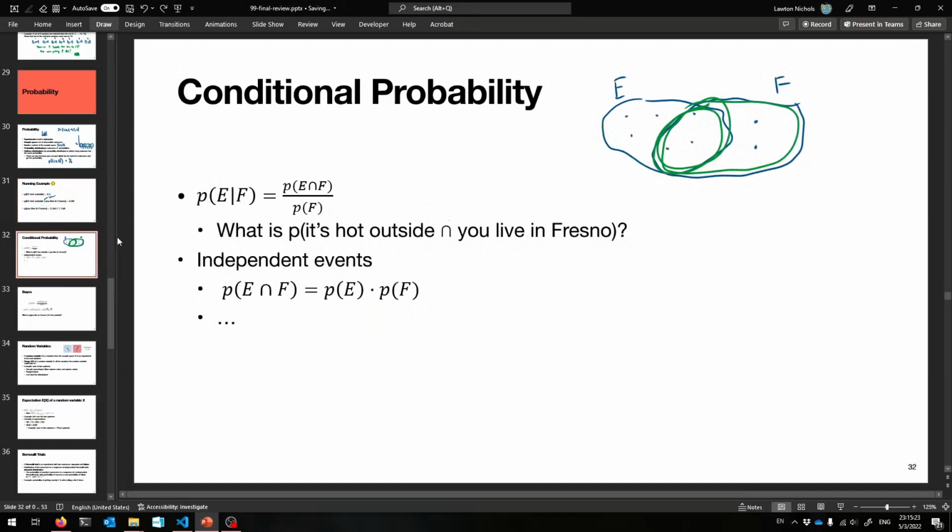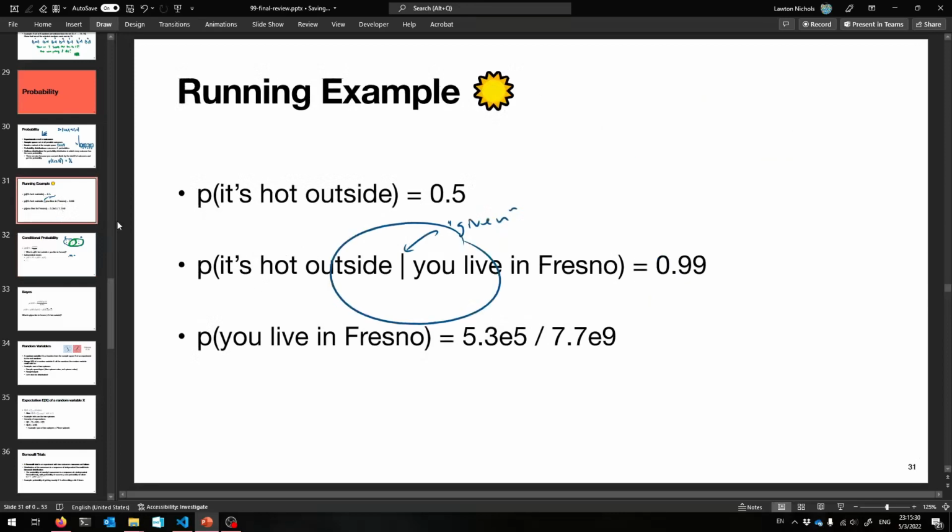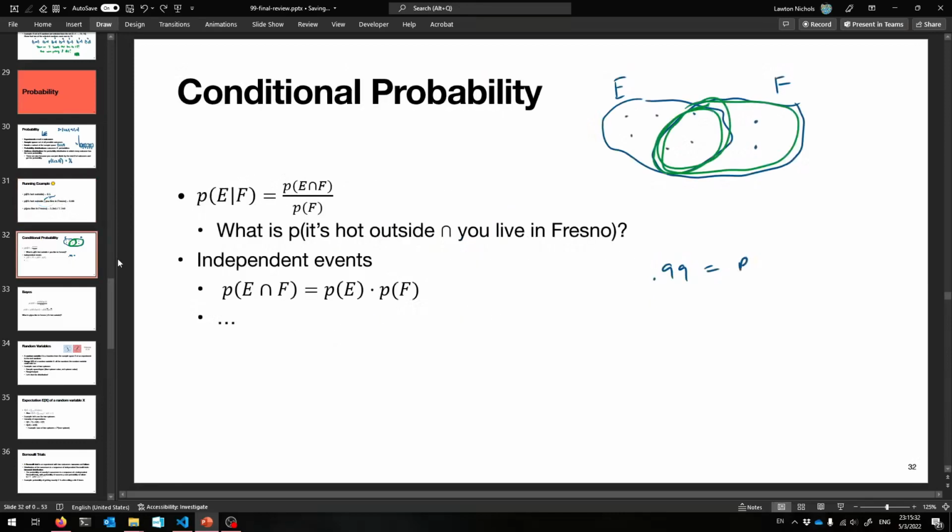That's 0.99, and if you unfold this, that's equal to the probability that it's hot, intersected with you live in Fresno, over the probability that you live in Fresno, which are things that I've given you. So just bring this to the other side, and you suddenly know the probability of this intersection. If you're given a conditional probability, you can solve for that intersection as well.